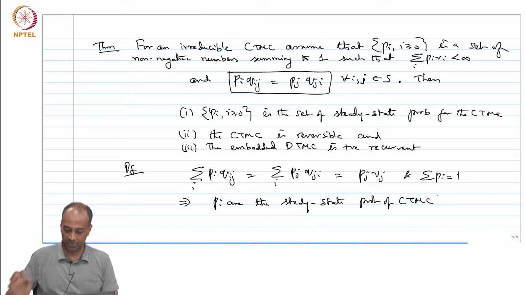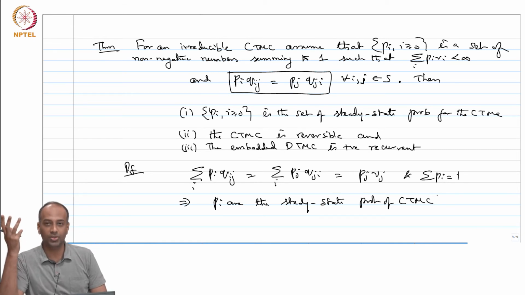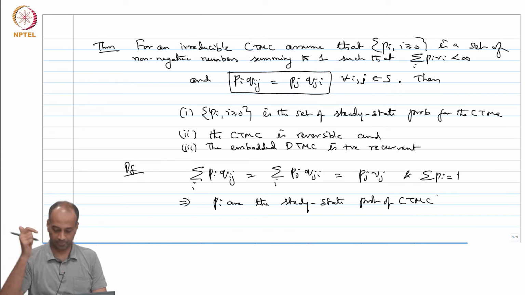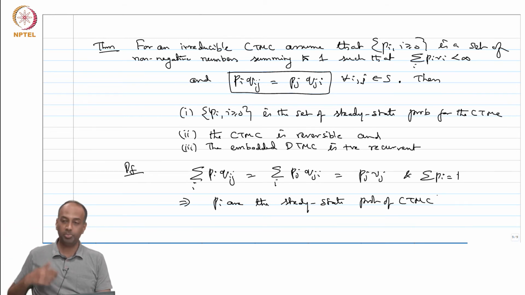If you find a solution P_i which satisfies the balance equation sum over i of P_i Q_ij equals P_j nu_j, then those P_i's are the unique solution for the steady state probabilities of the CTMC.